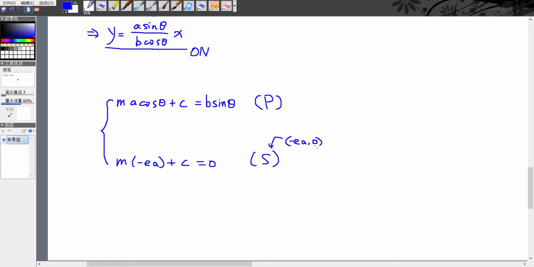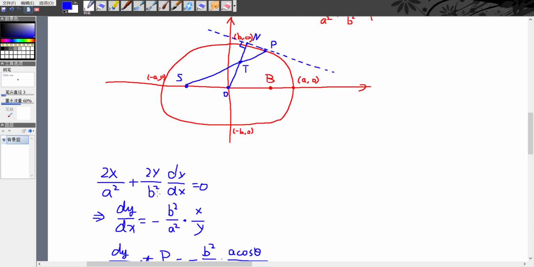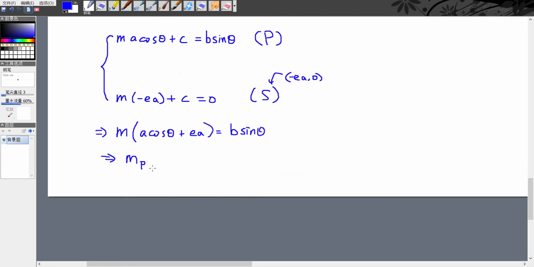Okay, next thing we want to do is to solve these simultaneous equations. We solve it by first subtracting S by P, which gives us m times a cosine theta plus ea equals b sine theta, and it gives us m for PS equals b sine theta over a cosine theta plus ea.